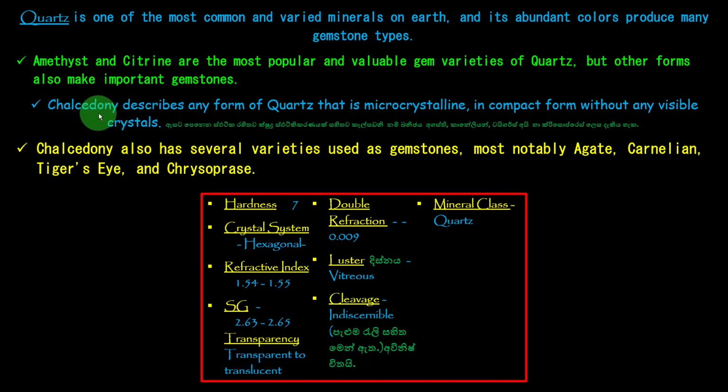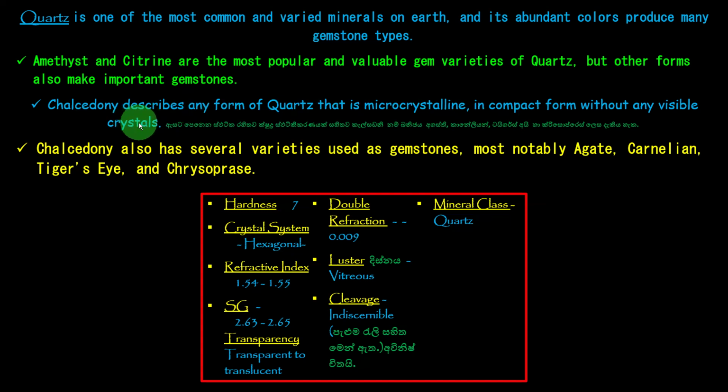Chalcedony is also in the quartz family and describes any form of quartz that is microcrystalline. That means no crystal shapes are visible. Quartz, amethyst and citrine have crystals, but in chalcedony you can't see crystals because it is microcrystalline.